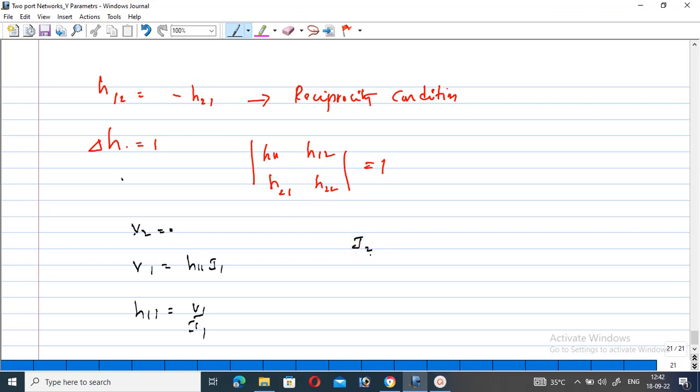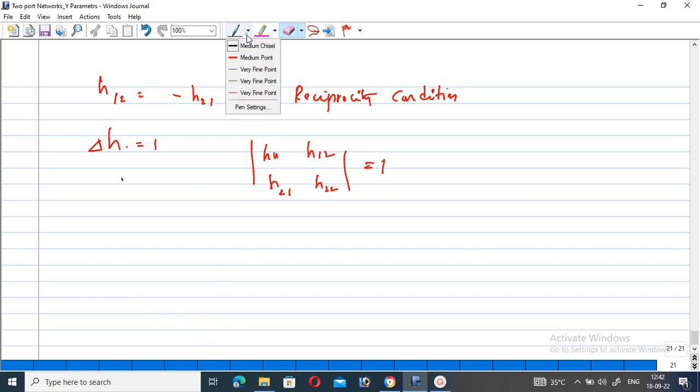I2 by I1, sorry, I2 by V1. Let me draw this first clearly, right? See guys, I will write down the equations. I2 by V1 is equal to minus H21 by H11.